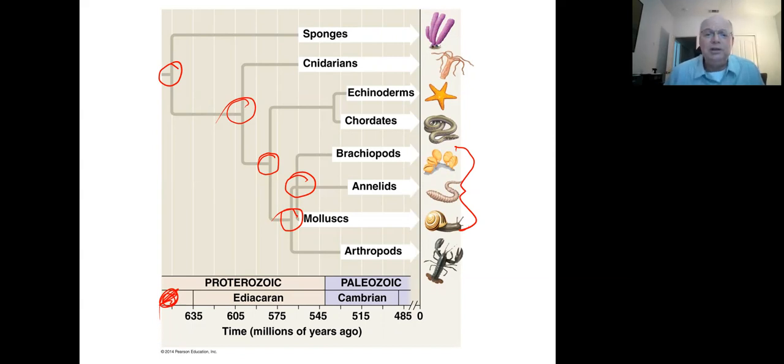And what we're really seeing during the Cambrian explosion is not a diversification of individual phyla within the animal kingdom, but a diversification of the animals within each phyla. So the phyla themselves pre-exist, but what you're seeing now is an increase in the number of animals within each phyla. That's where the diversification is taking place. Not necessarily a rapid increase in the number of phyla, but a rapid increase in the number of animals within each phylum.